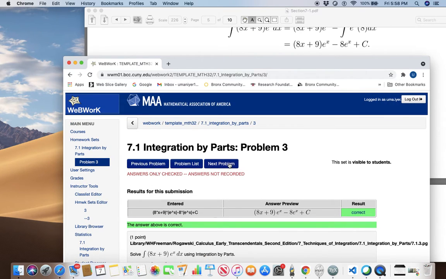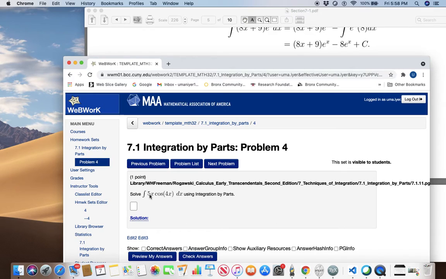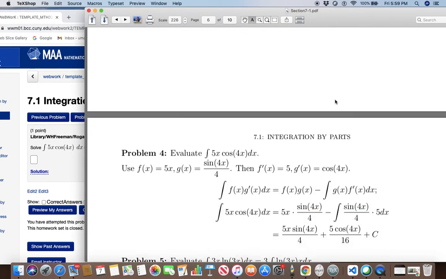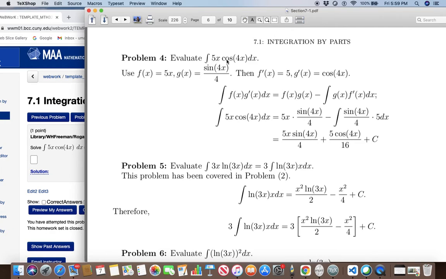All right. Next problem. Integral 5x cosine of 4x dx. Anytime you see a trigonometric part, expect, this is not a guarantee, but expect to have to integrate twice.